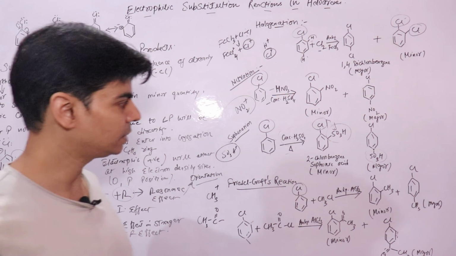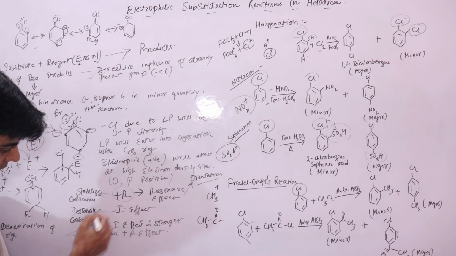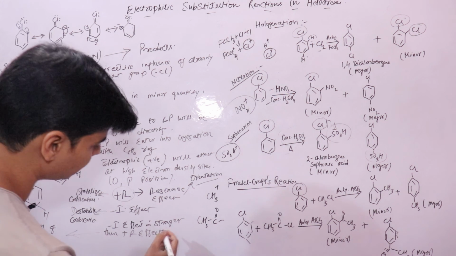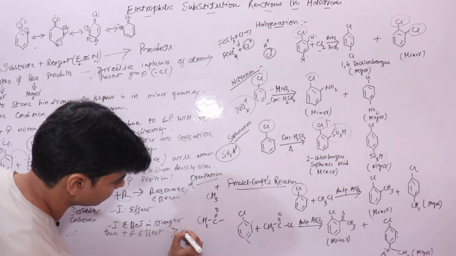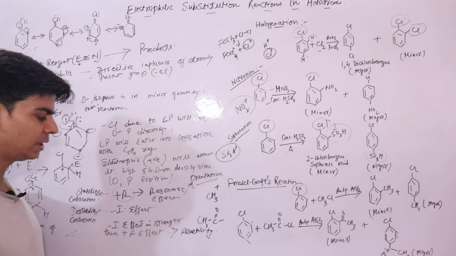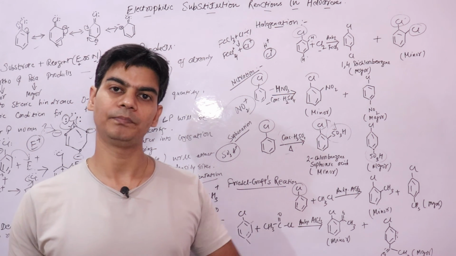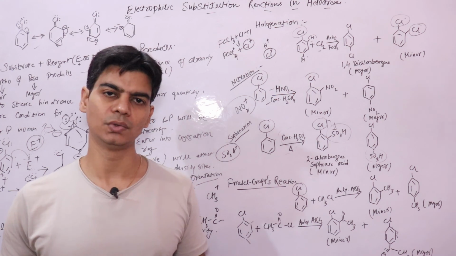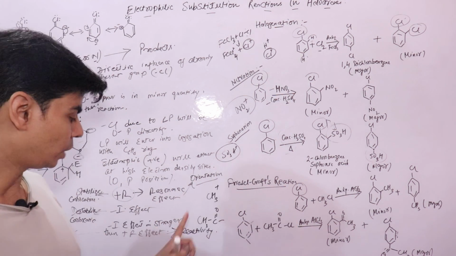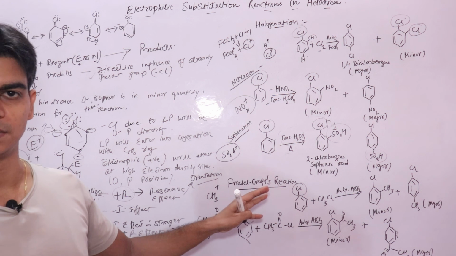That is why we are using drastic conditions, right? So here this inductive effect, minus I effect, is controlling the reactivity and making this ring less reactive towards electrophiles. That is why we use drastic conditions to continue further electrophilic substitution of haloarenes.